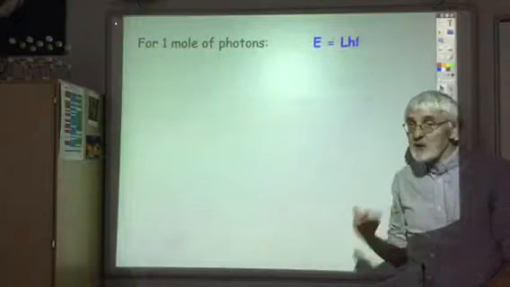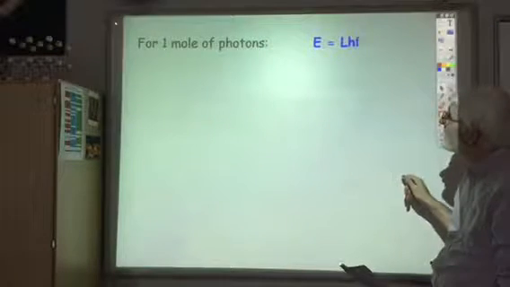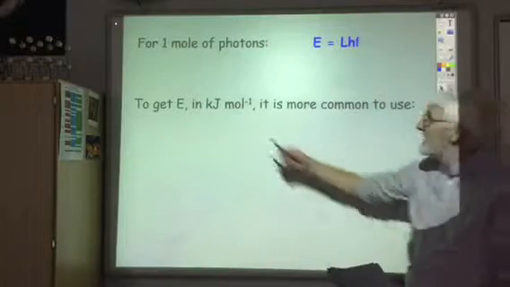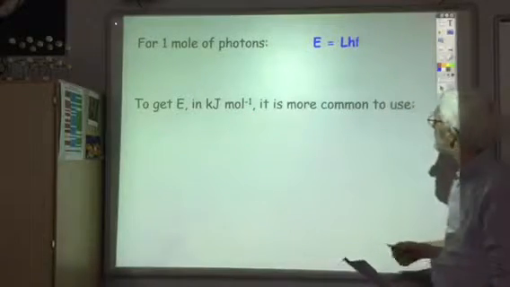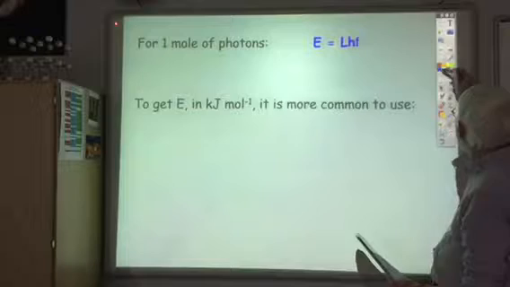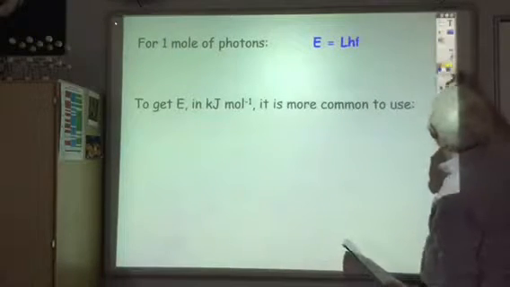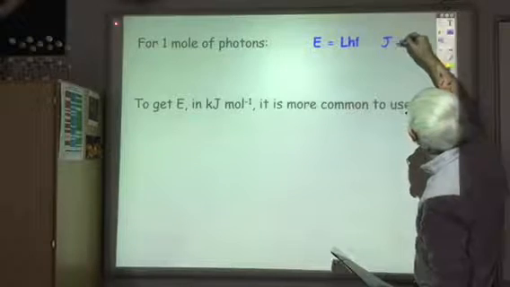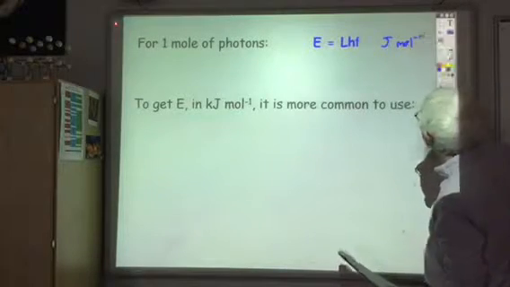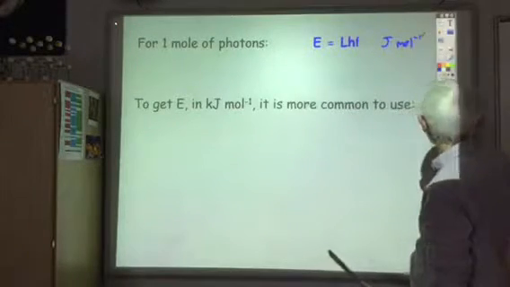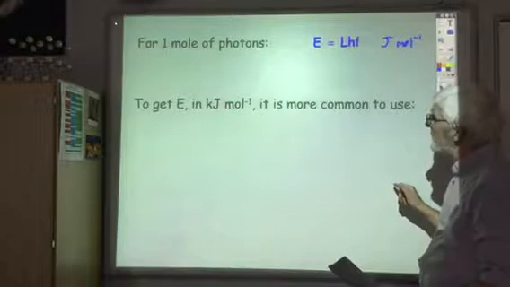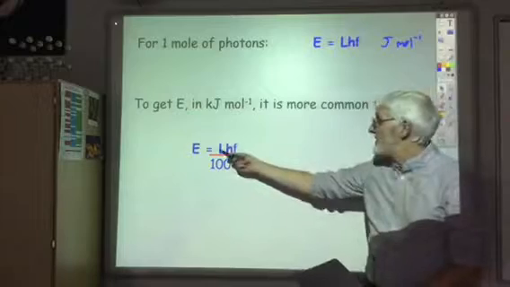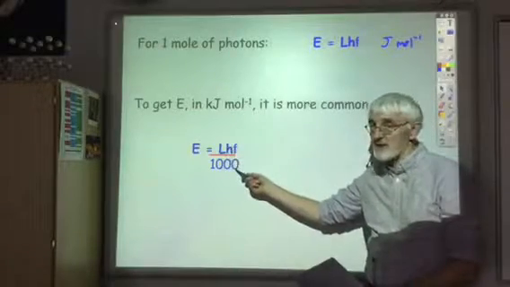In the vast majority of questions, however, what you're asked to do is to calculate the energy in kilojoules per mole. So this will give us the energy in joules per mole, not kilojoules per mole. So in order to convert it into kilojoules per mole, we use the equation LHf divided by 1000.